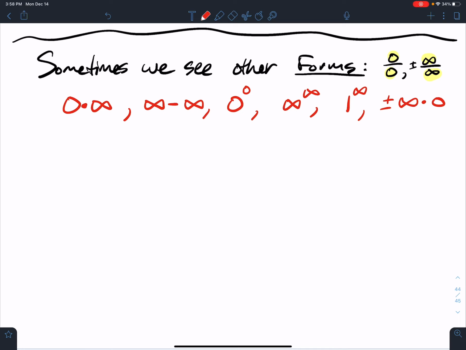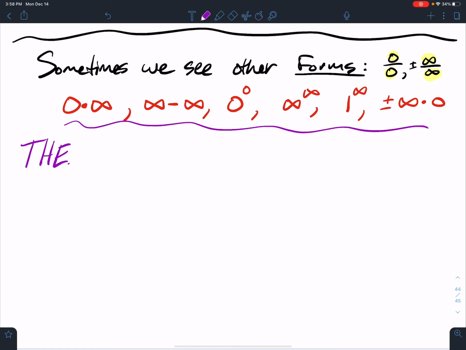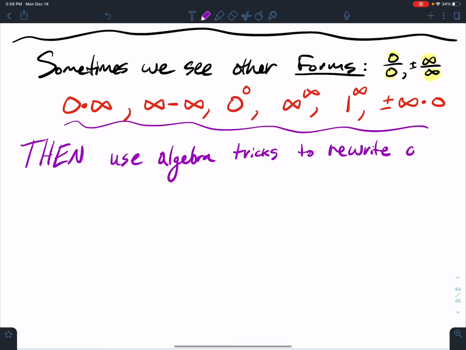So what do you do when you see one of these situations here? Well, you're going to use algebra tricks, not ticks. Okay, tricks to rewrite as, well, what is the form that we need it to be in order to use L'Hopital?